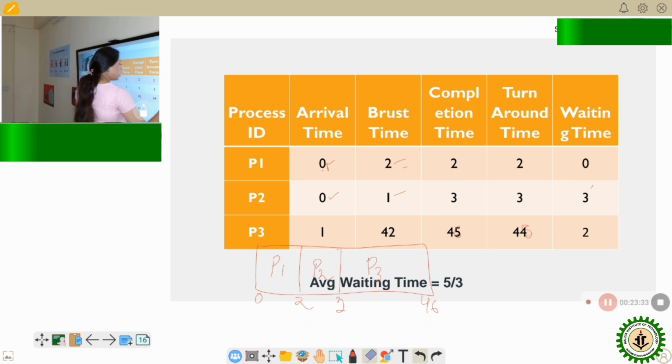Here we can see that we have to wait just 5 by 3 times, that is just 1 point something. So the average waiting time gets less.